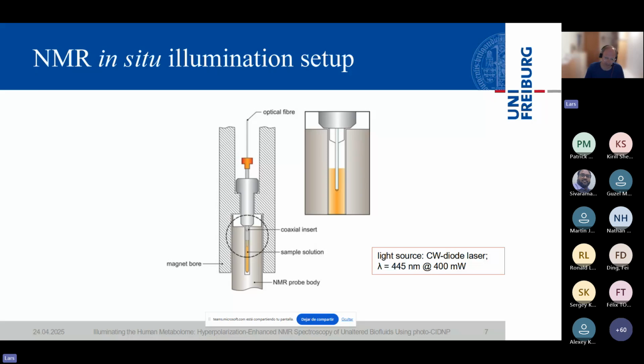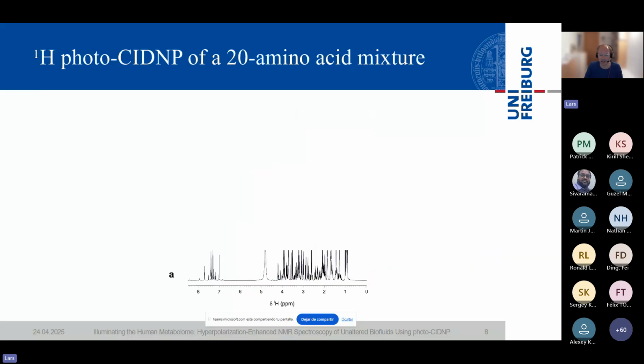Okay, so as I mentioned before, KIDNAP is quite selective, and this is one of the reasons why we thought it might help simplify over-complex NMR spectra of biofluids or biological mixtures. In order to test whether this also worked in our case, and to test our NMR setup, we started off with a test experiment.